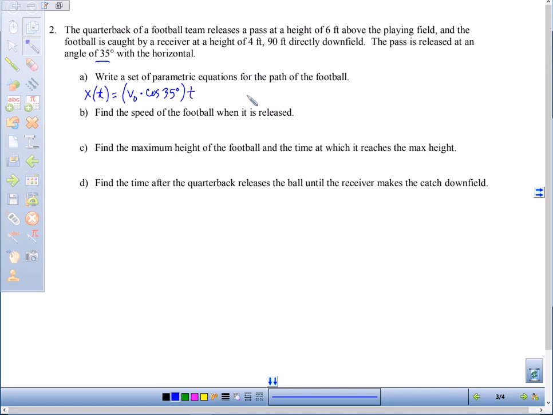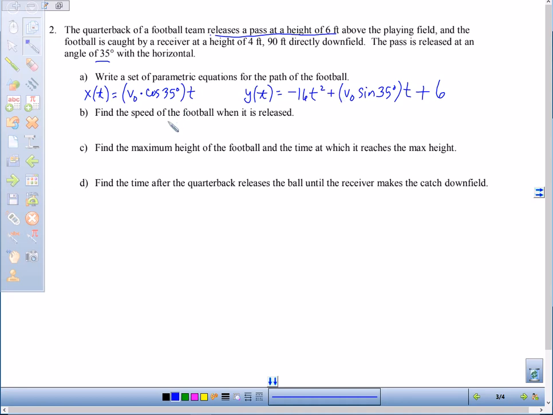All right, and then the height with respect to time would be modeled by this, negative 16t squared, because we're dealing with feet again. Once again, we still don't have that initial, but we do have the angle. All right, and the pass is released at a height of 6 feet, so plus 6.